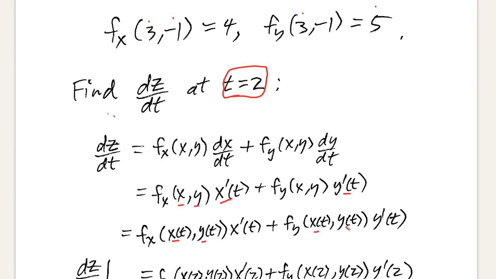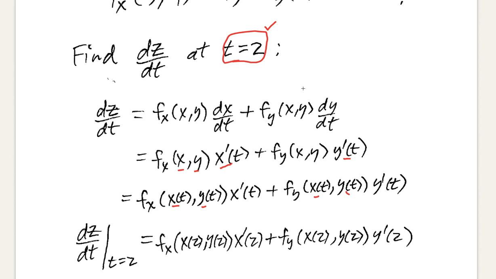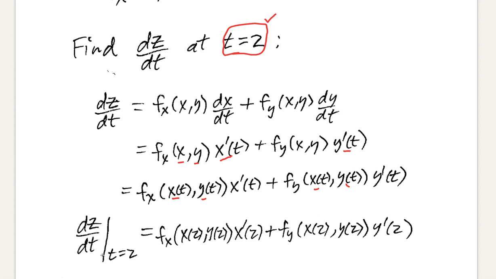Now you're evaluating at t equals 2, so dz over dt at t equals 2 is f sub x at x of 2, y of 2, times x prime of 2, plus f sub y at x of 2, y of 2, times y prime of 2. I've just put in the value 2 in place of t everywhere.